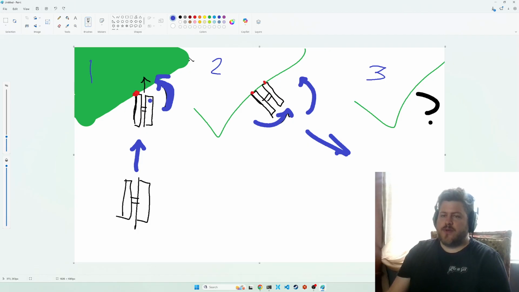I have to think of these as separate situations where a contact here does convert some linear momentum into angular momentum.